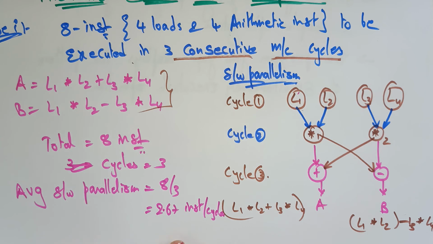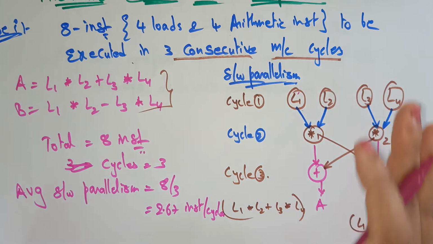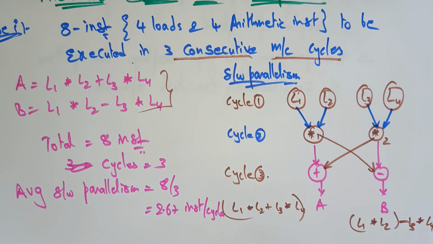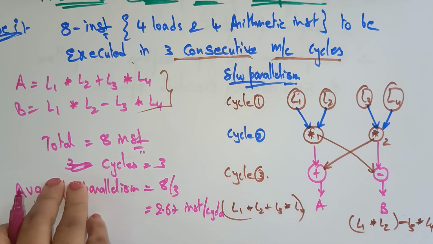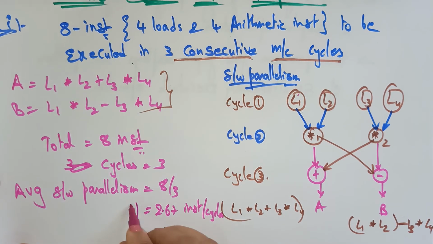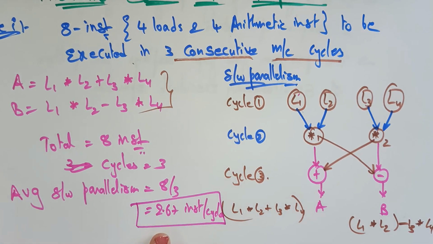So on average, it is executing 2.67 instructions per cycle, in this example where 8 instructions are executed in 3 consecutive machine cycles. Now I am taking another case.